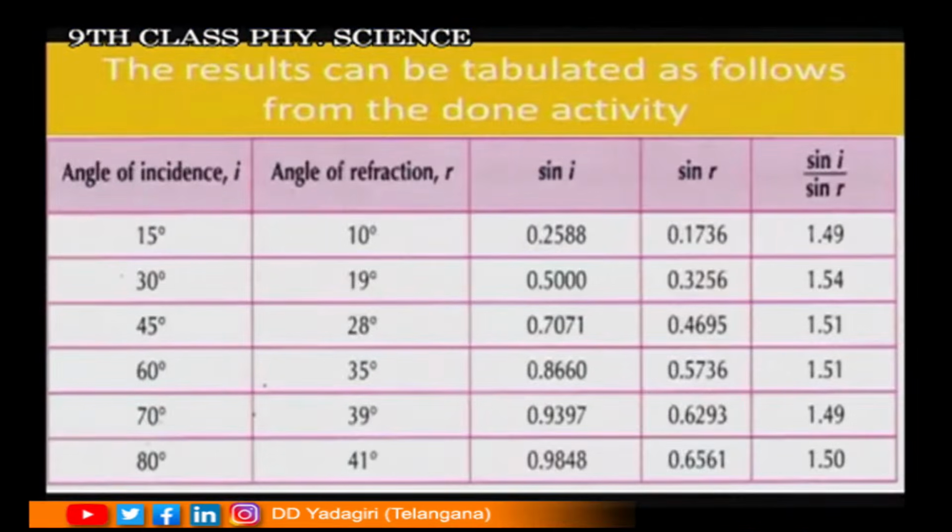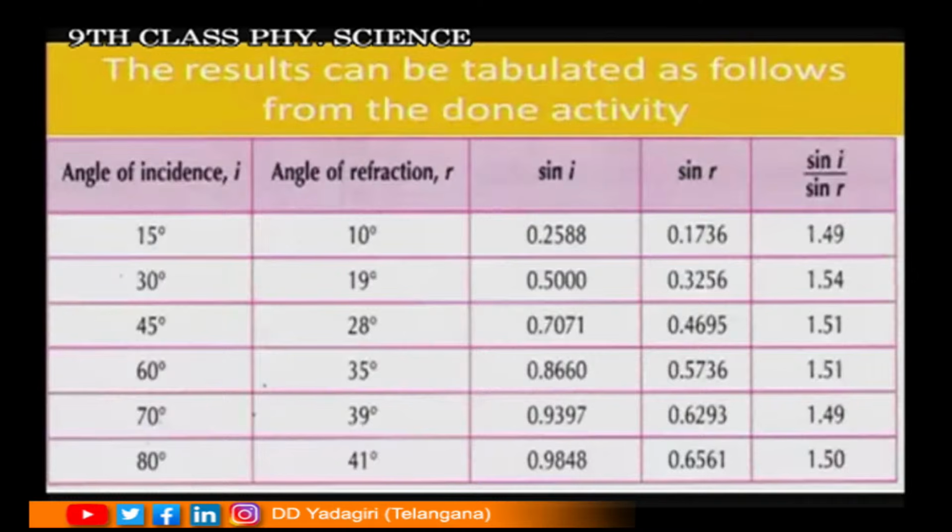From the activities we have done to measure the angle of refraction for each angle of incidence can be tabulated as we see here. Angle of incidence i, if it is 15 degrees, it is observed in the experiment that angle of refraction r is 10 degrees. And when sin i and sin r are calculated, they are observed to be as displayed in the table.